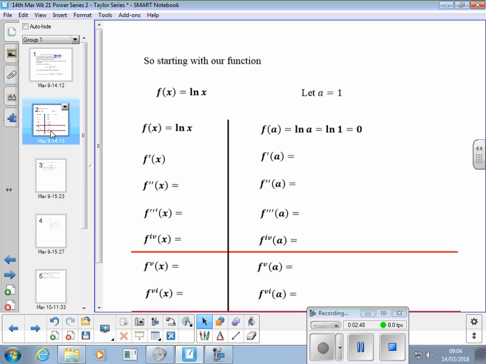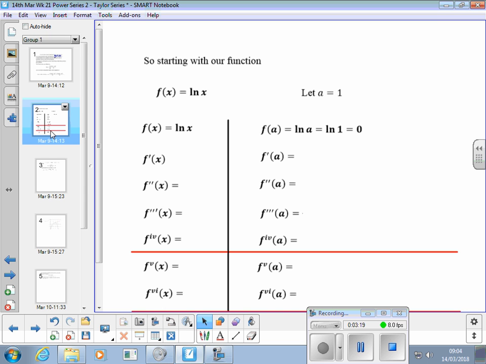Instead of focusing on where a is equal to 0 in the Maclaurin series, we're going to choose a different suitable point, where a is equal to 1. So what we need is the value of the function ln a, the natural log of 1, which is equal to 0.